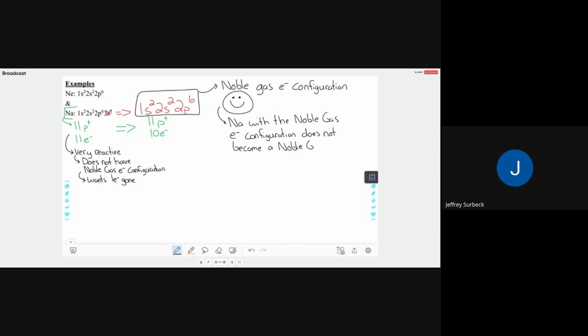It simply has the electron configuration that matches that of neon, that noble gas there.